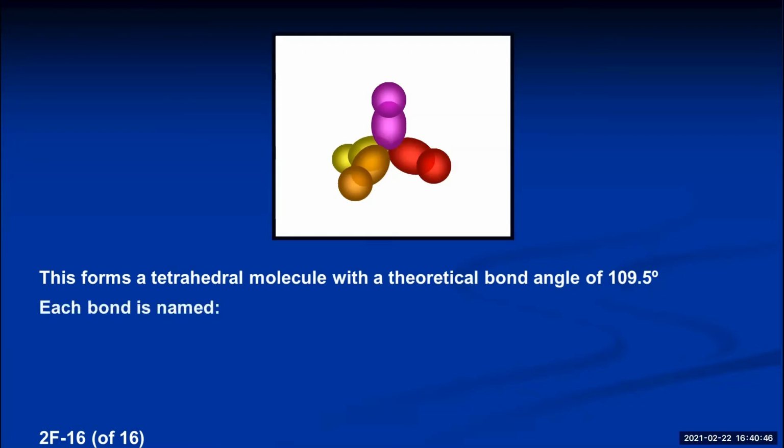And if you want to, take 15 seconds and see if you can tell me the names of each of those bonds and see if you've picked up how we name those bonds from the previous couple of examples.